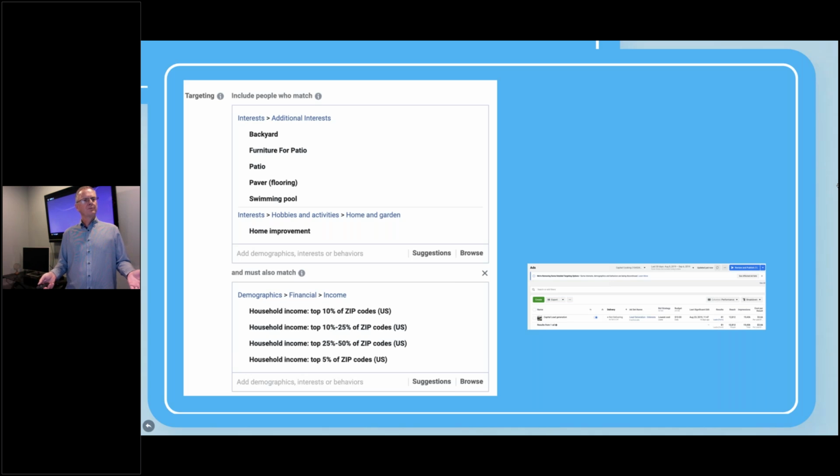They're into home improvement. We also put in some demographics based on income, basically covering the top 50% of income. Sometimes we'll only go to the top 25%, but this customer sells quite a bit of product to people that are even in the middle, median income range.